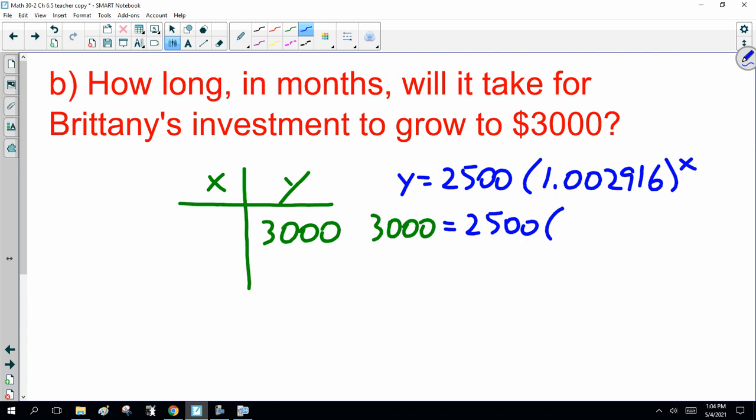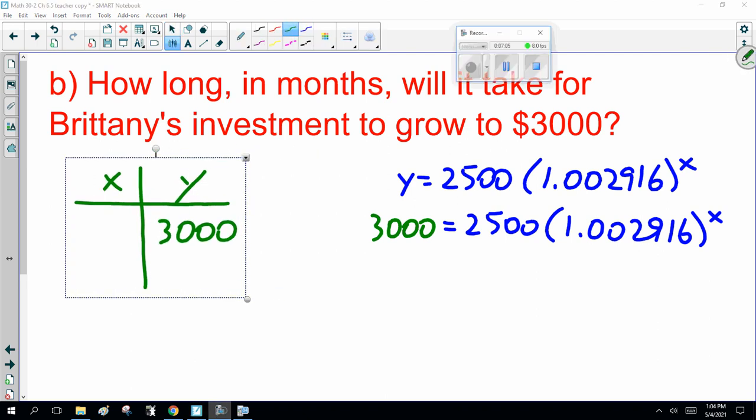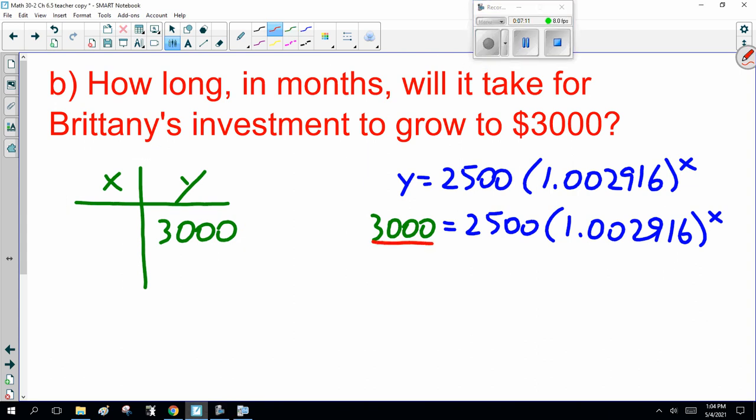Now, what some people will do, and what I suggest you do, is simplify this mess. Because what we have here is an equation. So, what I would suggest doing is divide both sides by 2,500 to make the number simple.